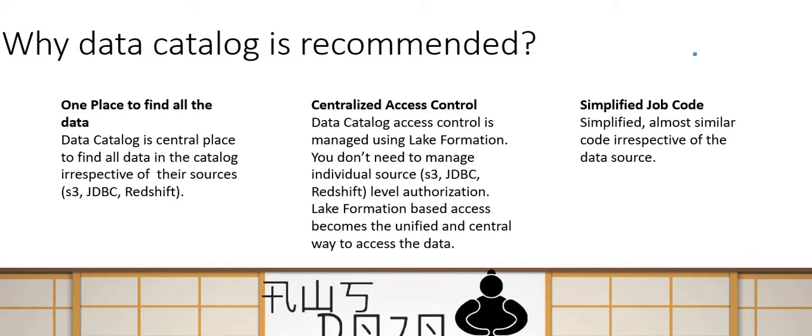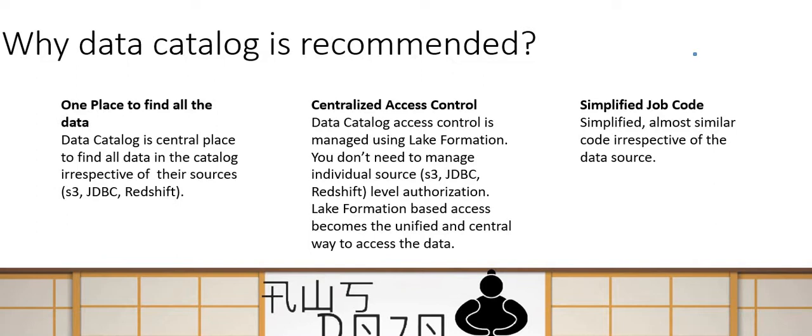So that really simplifies your job code, irrespective of which data source you are talking to. So almost all code, whether you're talking to S3 or Redshift or JDBC, will look similar. So these are the three compelling reasons why I recommend that you should be using the data catalog to talk to, not individual data sources. Okay.